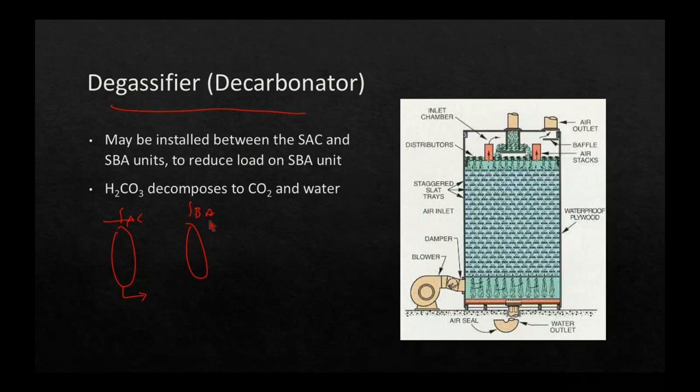And in order to lighten the load on the SBA, in between the two, we're going to take that carbonic acid and put it through a degasifier or carbonator or aerator, whatever you want to call it, and that's going to get rid of the H2CO3. The CO2 is going to go out the vent, and so now only the free mineral acids have to be treated in the SBA. So sometimes we do have a decarbonator in between.